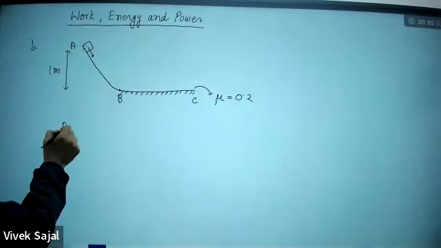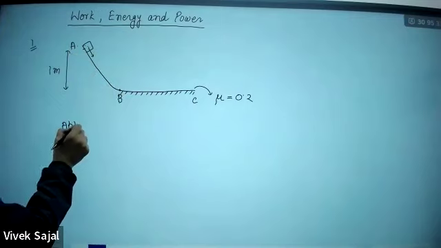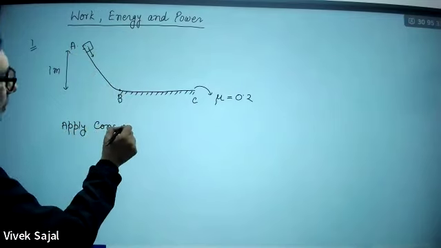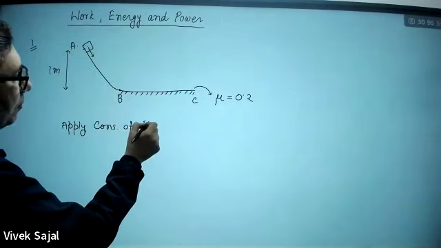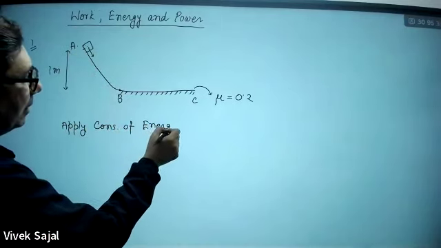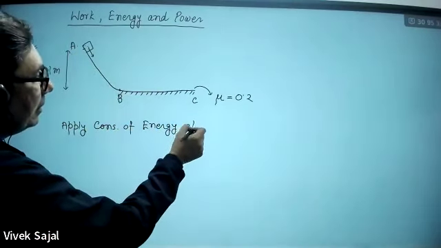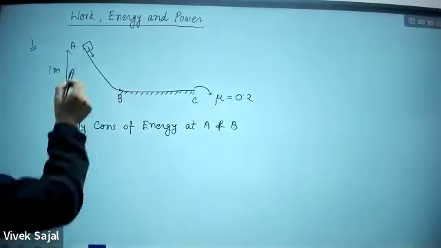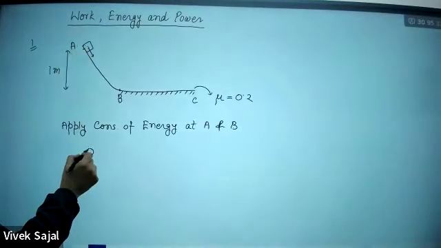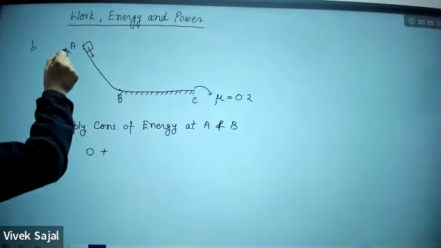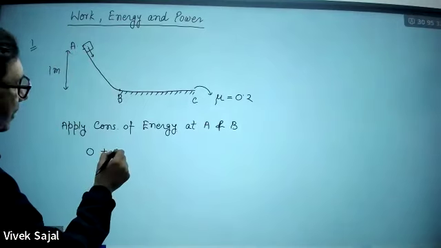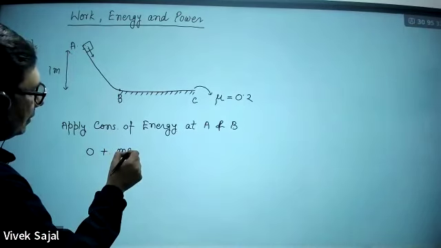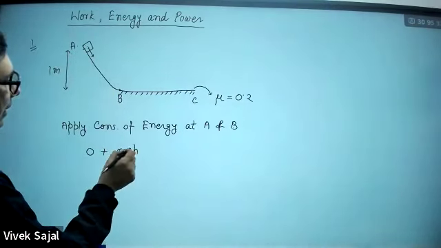So apply the principle of conservation of energy, or mechanical energy, at A and B. Here kinetic energy will be 0 at point A, plus its height is 1 meter, so this will be mgh, mass into g into h, where h is 1 meter.